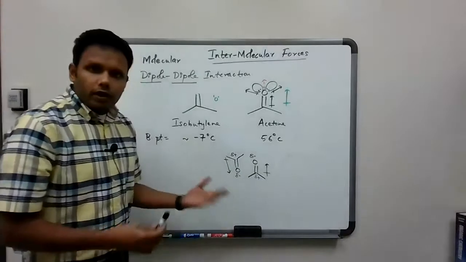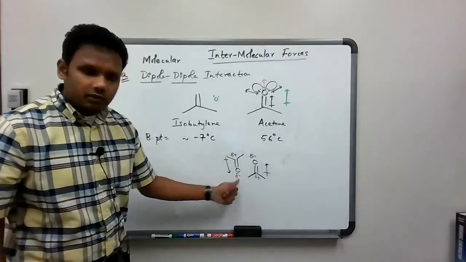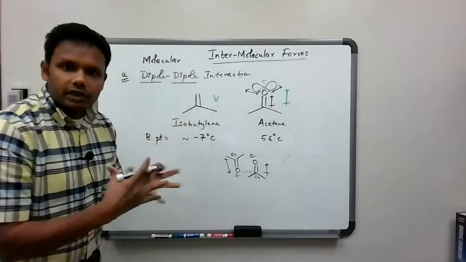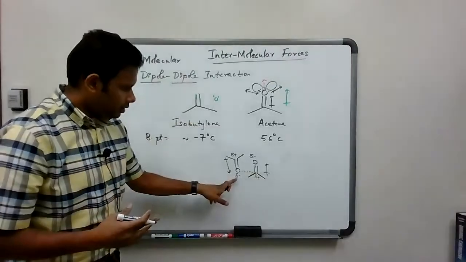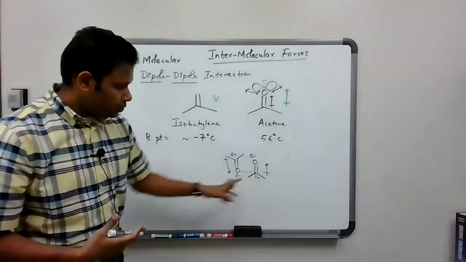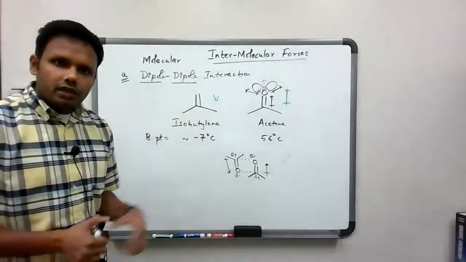And so now what happens is we have a partial positive on one end, partial negative on the other end. So these are going to have some sort of attraction. They are unlike poles or unlike charges, so they're going to attract. And the same is true over here. There's going to be an attraction.